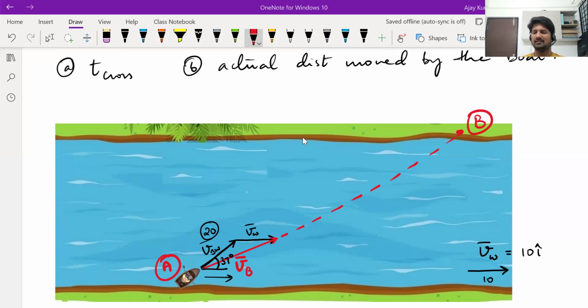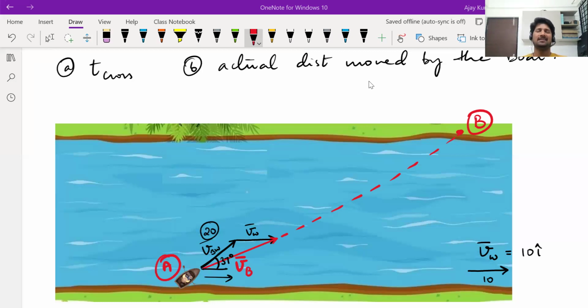If you know velocity and time, can't you tell the distance? Anyone? Okay.